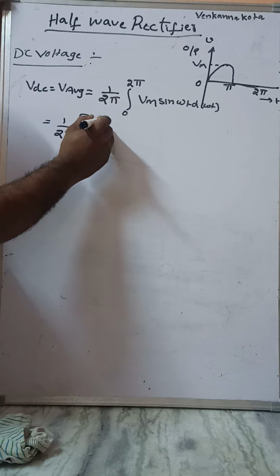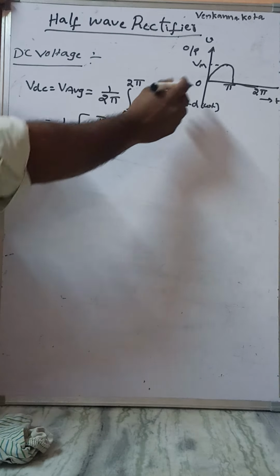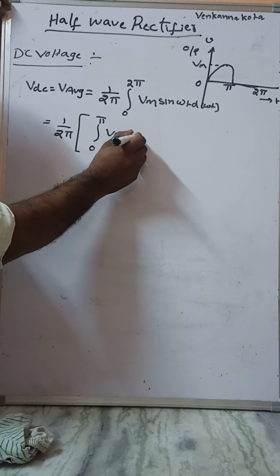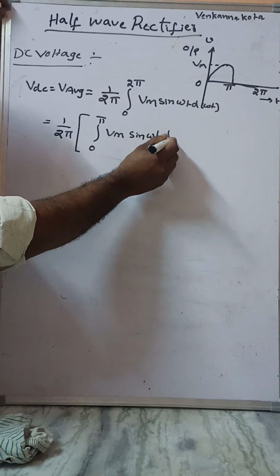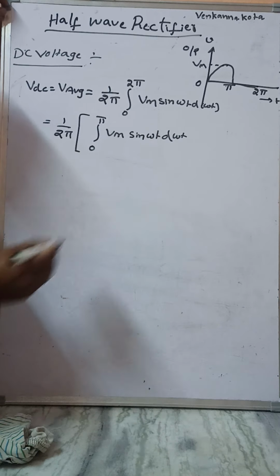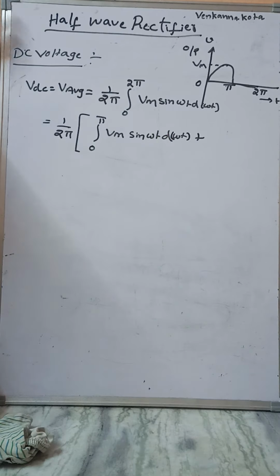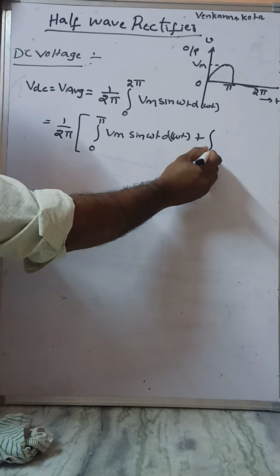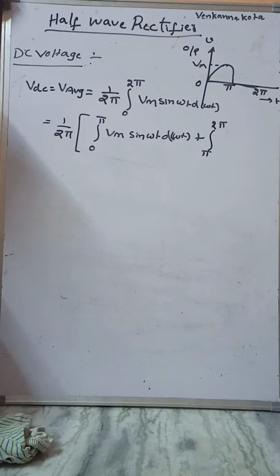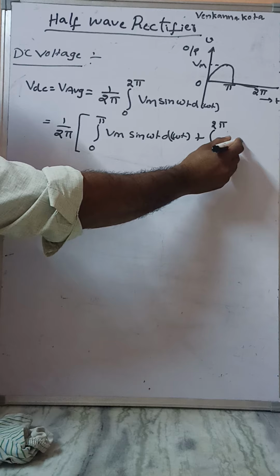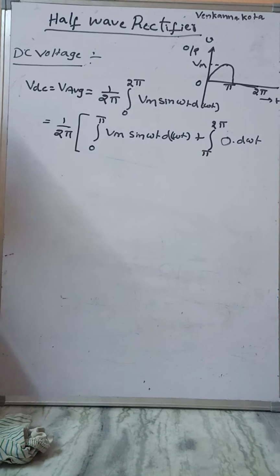So the output is present during 0 to pi, integration 0 to pi Vm sin omega t d omega t, plus pi to 2 pi, where the output is 0. So 0 dot d omega t, the total value becomes 0.